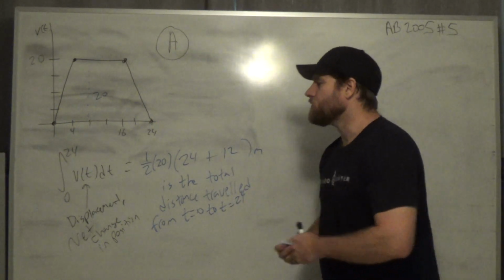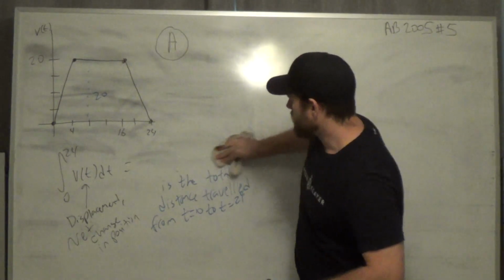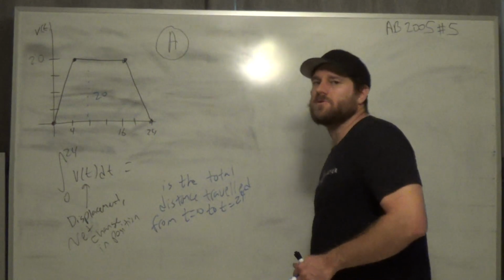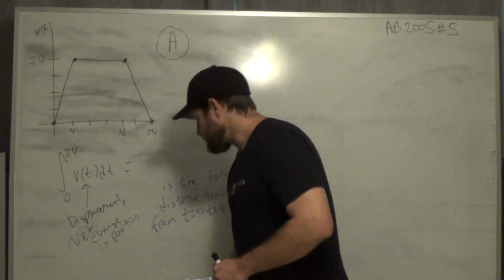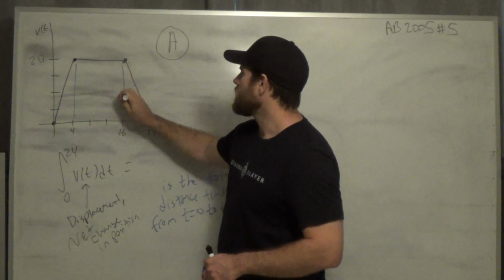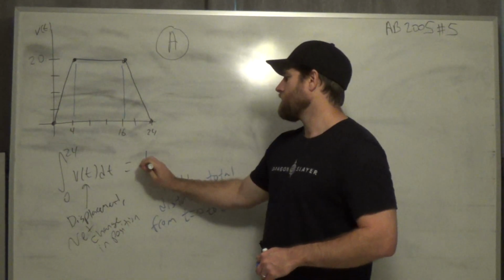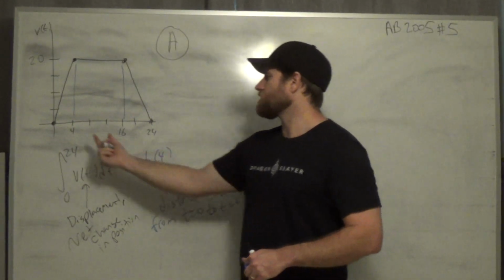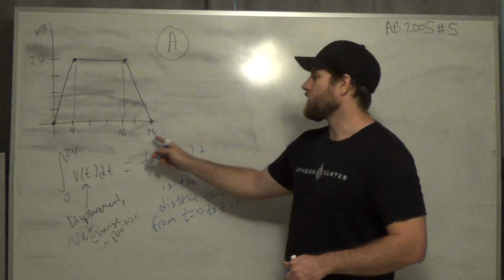The only other thing, if you didn't want to make one giant trapezoid, that works, but you could have turned this into triangles and rectangles. So if you did this, we have a triangle, 1/2 base times height. 1/2 base is 4, and the height of this triangle is 20. Here we have a rectangle.